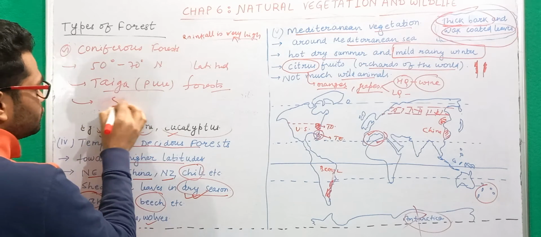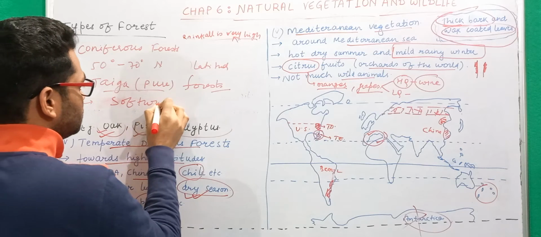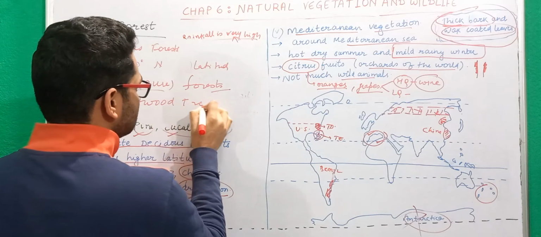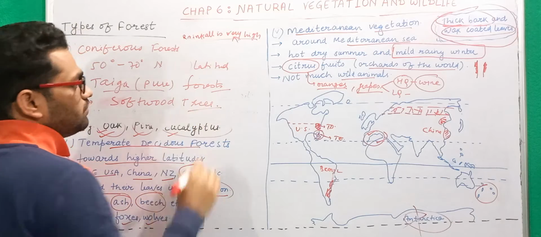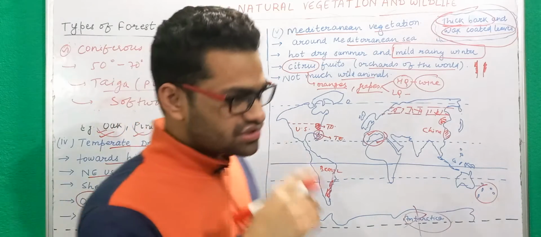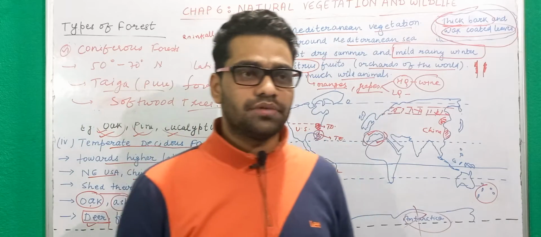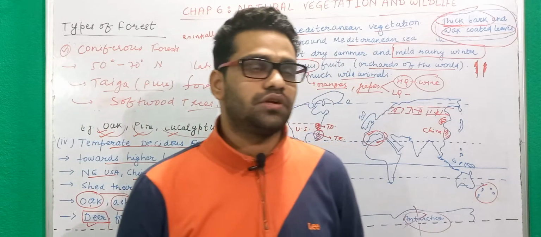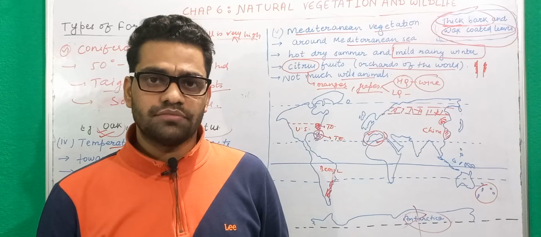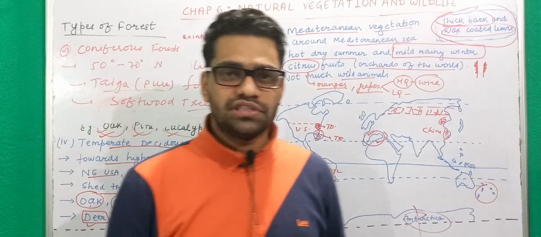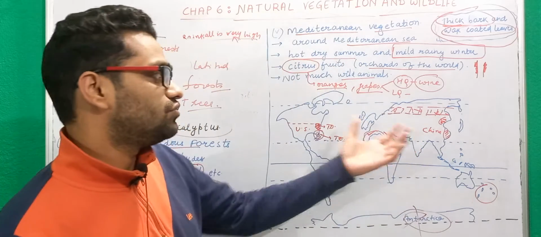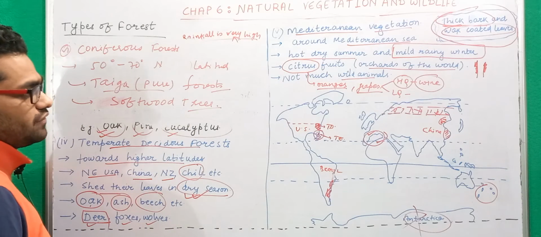You may find softwood trees here, right? And the animals that you may come across in these taiga forests, you will come across silver fox, and also, for example, polar bear here. So these are the type of animals that you can find in these taiga forests.